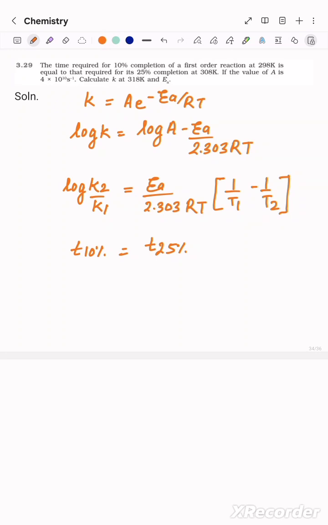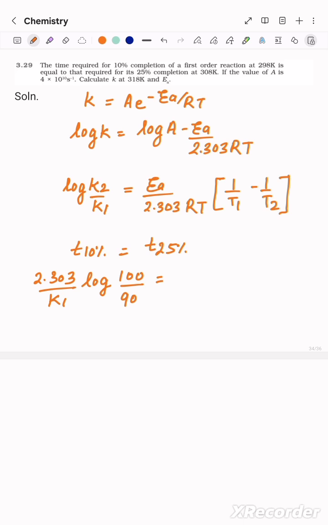We write t at 10%. So how to calculate this at 10%? We write 2.303 upon K1 log 100 by 90, as we have solved in the previous question.